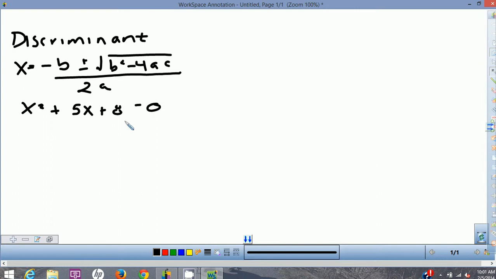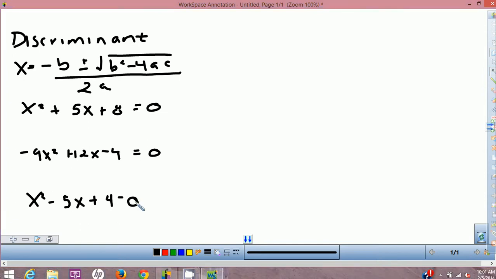And then we will do negative 9x squared plus 12x minus 4 equals 0. And let's make our last one x squared minus 5x plus 4 equals 0. So we have a series of quadratic functions that we've defined. Let's make sure they all show up on our screen.